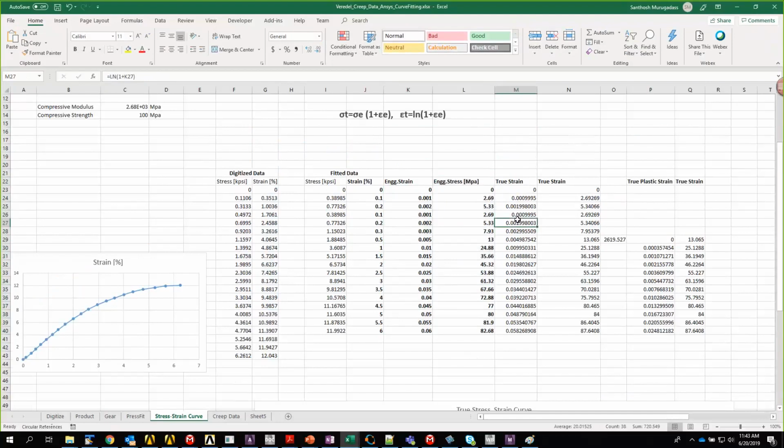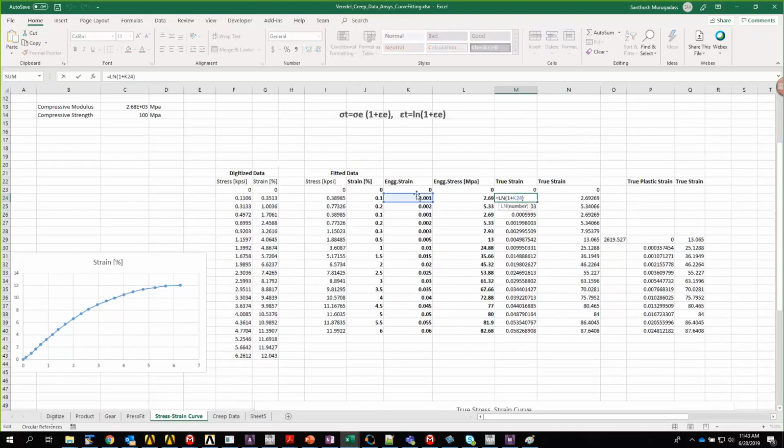Now, to use any nonlinear plasticity data in ANSYS, the stress strain input to the software should be in terms of true strain and true stress. So we do have a relationship between true stress and engineering stress, and we can also convert the engineering strain into true strain.